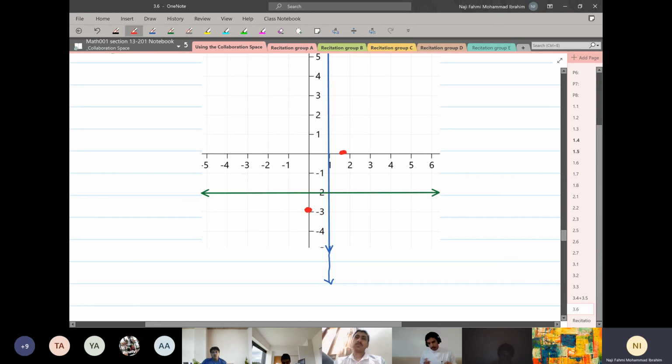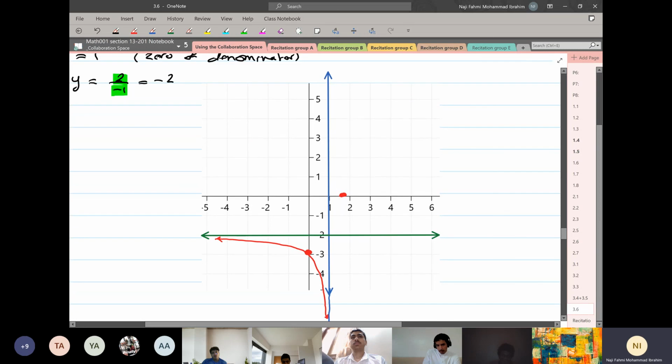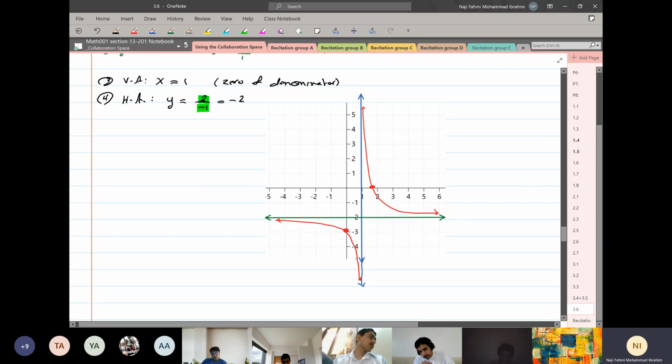Of course, to start the drawing now, I will draw my first piece here, passing through the y-intercept, and at the same time it's getting closer to the asymptotes. And the second piece will pass through the x-intercept, but again, don't forget, it will get closer to the asymptotes. And as you can see, the two pieces are not adjacent.